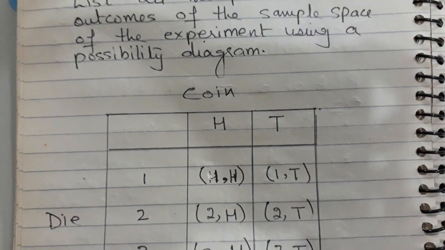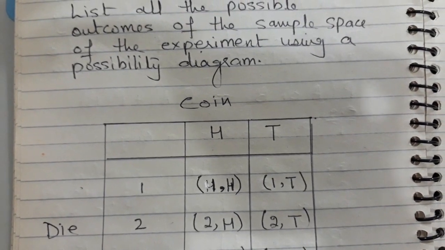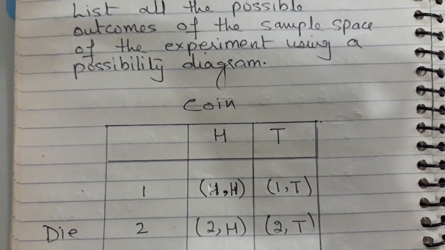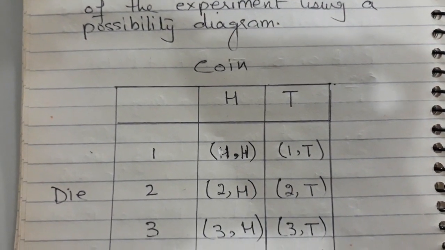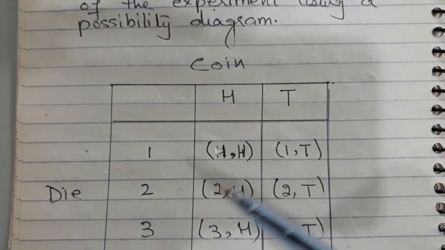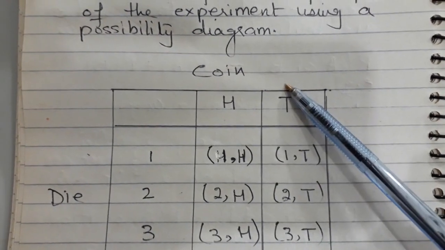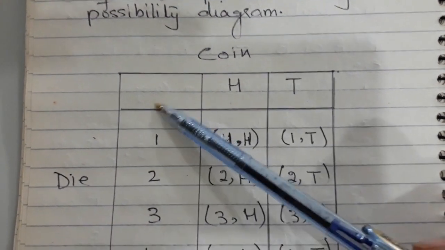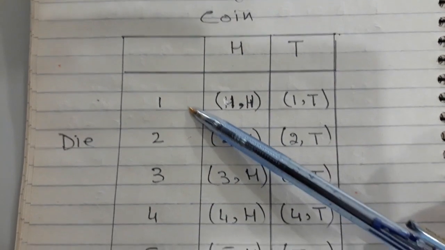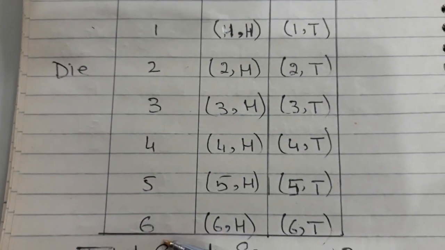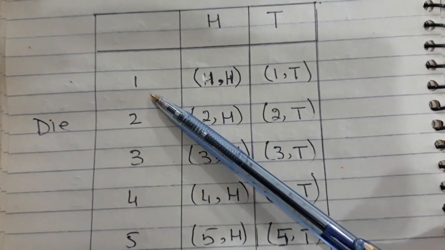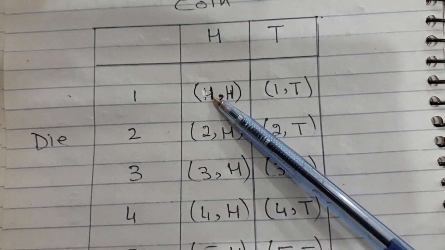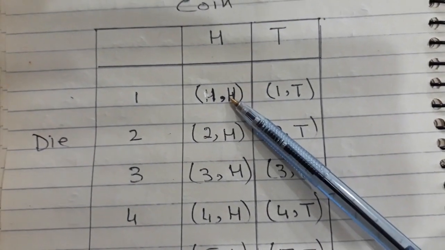I can take help of a possibility diagram. The possibility diagram will remind you of your junior classes when you drew charts like this, a table like this. So I am taking two sides. One side I have written coin, head and tail, and the other side I have written die. Die has 6 numbers, so I have written down numbers here. Because I'm throwing the die first, I will write here, first I got 1, then from here I got head.